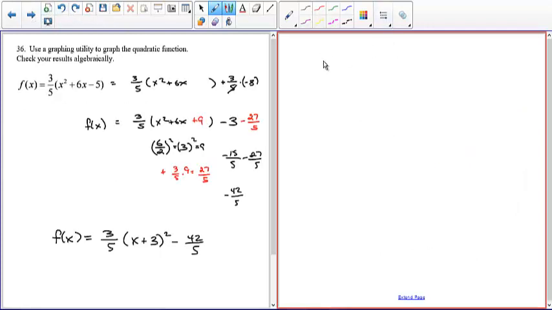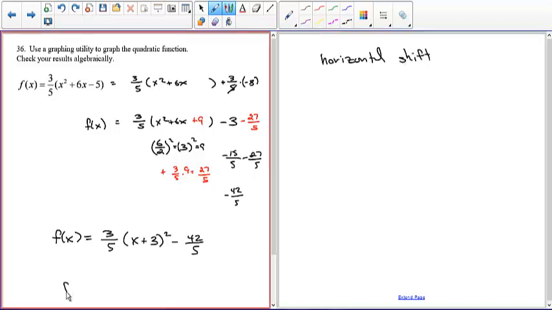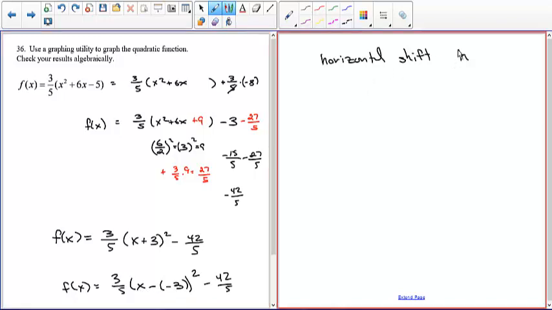So what can we say? Well, we can say we're going to have a horizontal shift. Well, one last thing here. Let's do f of x equals 3/5 times x minus -3 squared minus 42/5. So x minus h, so h equals -3.